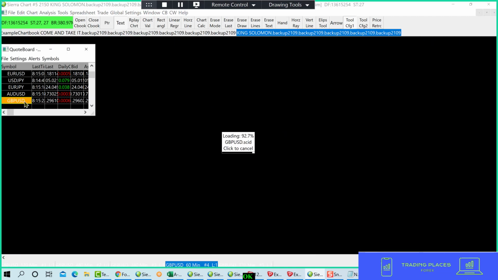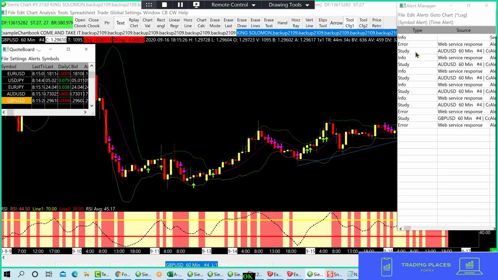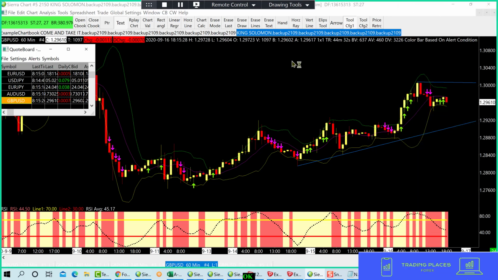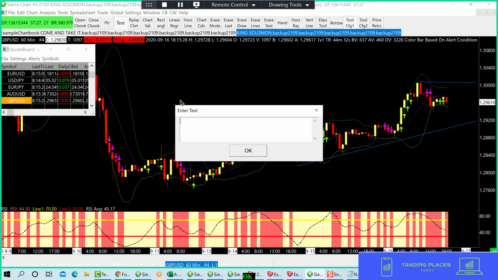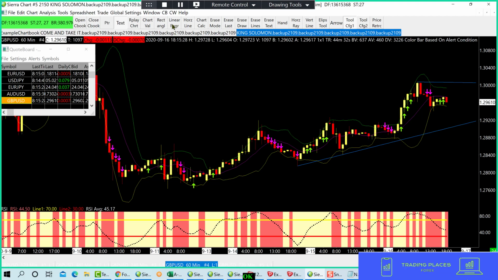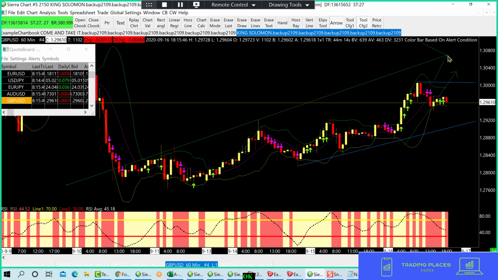Let's look at pound dollar. Okay, what's this one doing? It had a small trend here, but if you look at it, it's been trending long for a while.